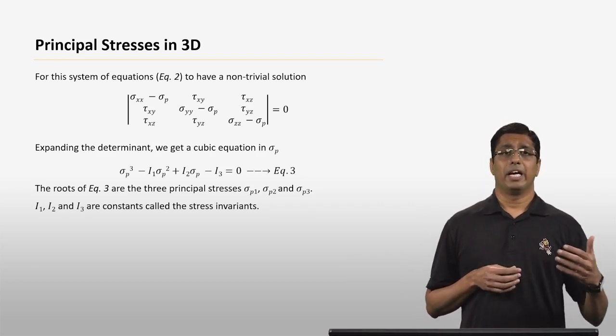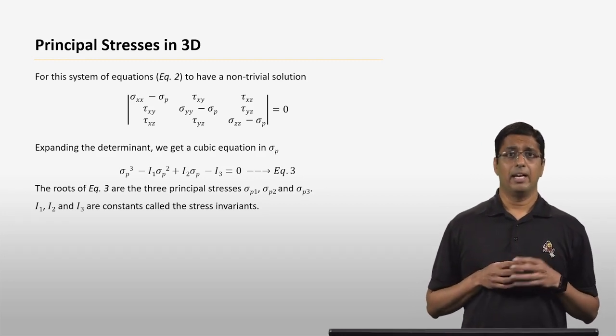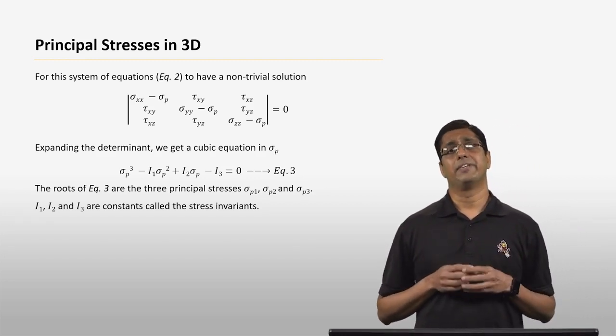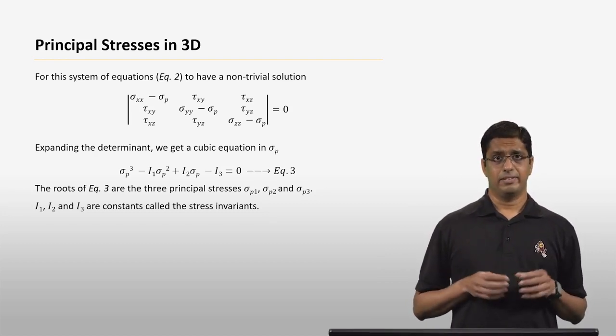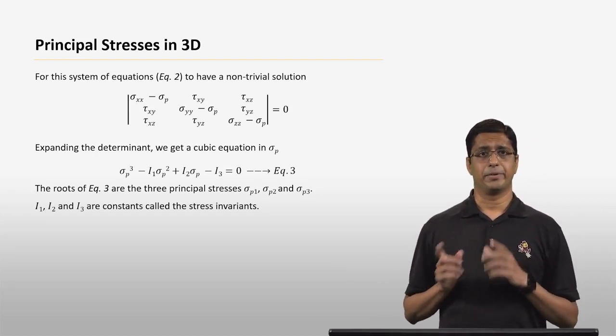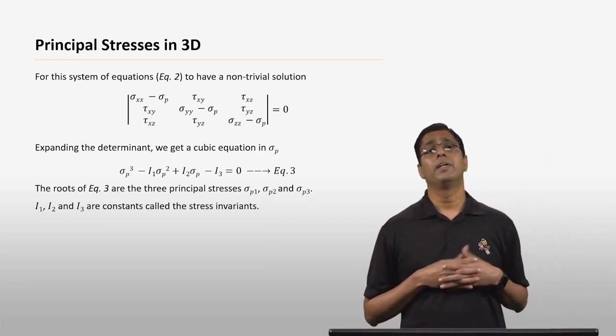Now, if you look back at equation number 2, it is a homogeneous set of equations. And these equations will have a non-trivial solution only if the determinant of the matrix is equal to 0. That is what this equation represents.